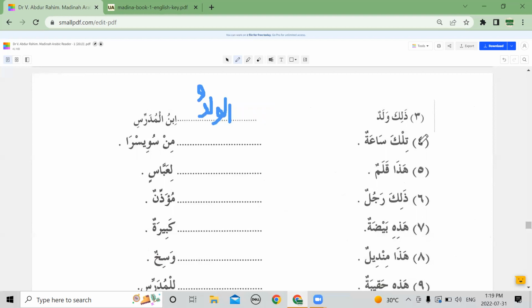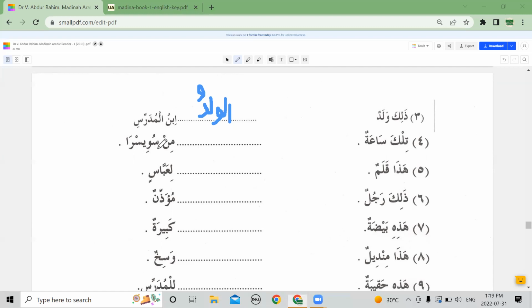Next here, number 4. Tilka sa'atun. That is a watch. Very good. الساعة. تلك الساعة من Suisra.